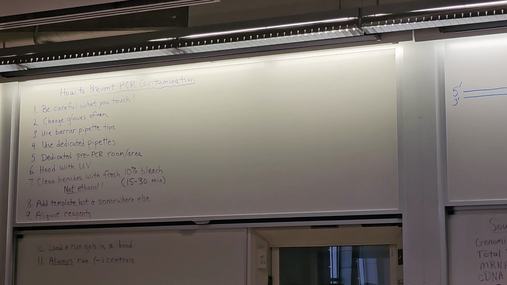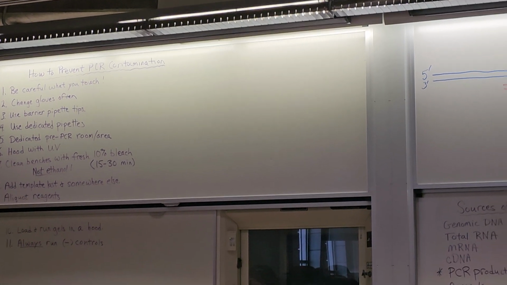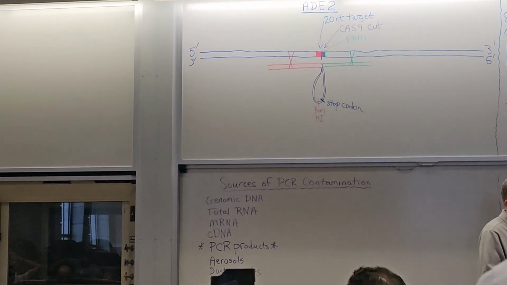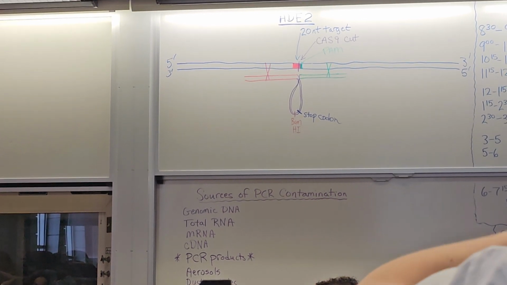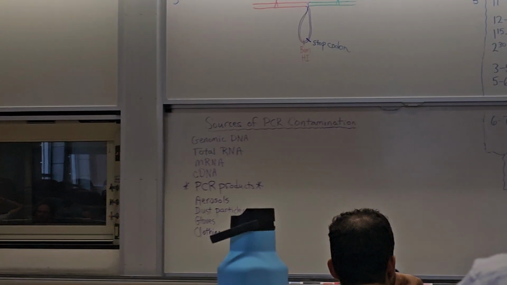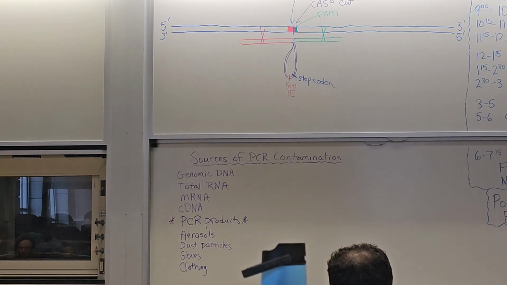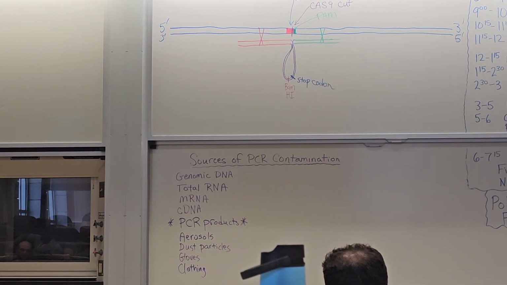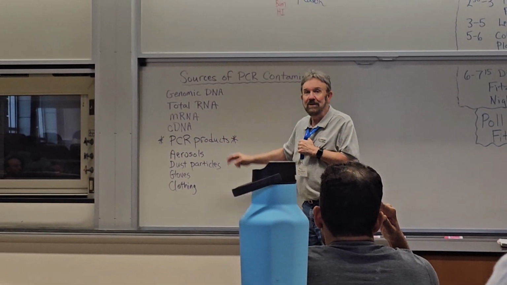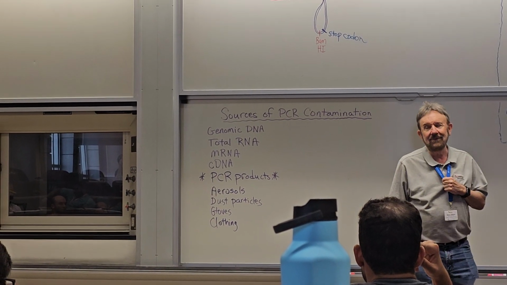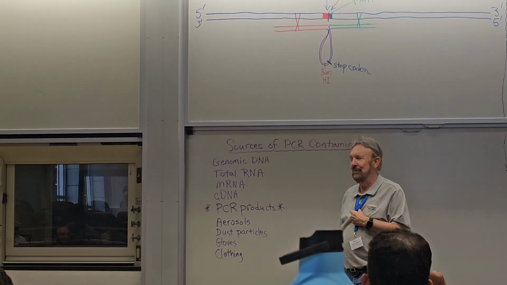Now before we do that, let's talk about where PCR contamination comes from. Let's suppose that my lab studies the TPR gene in mouse and we study TPR gene expression. We're a TPR lab, okay? Well, that means in my lab I have mouse genomic DNA because we work on mouse. It would mean that I have total RNA in the lab from mouse.